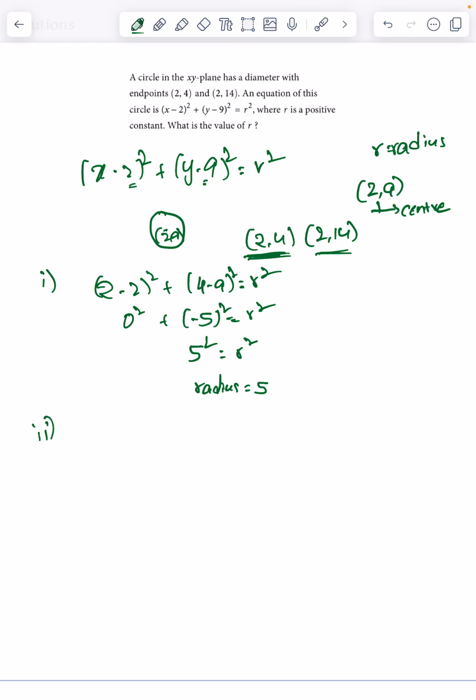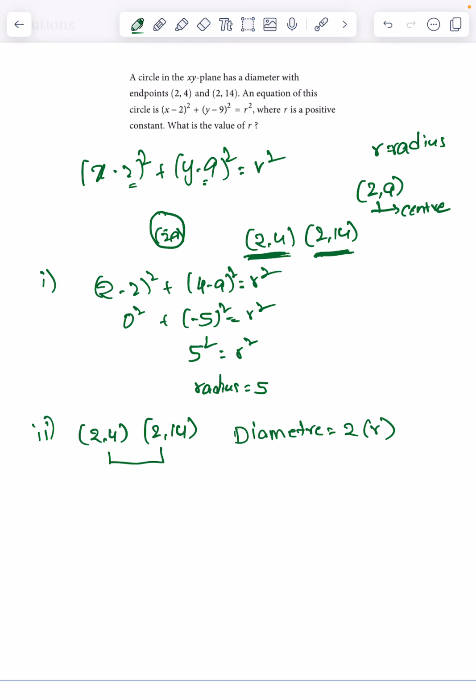The second method is, we know that these are the extreme points on the diameter, which are (2, 4) and (2, 14). So the diameter is nothing but 2 times radius.